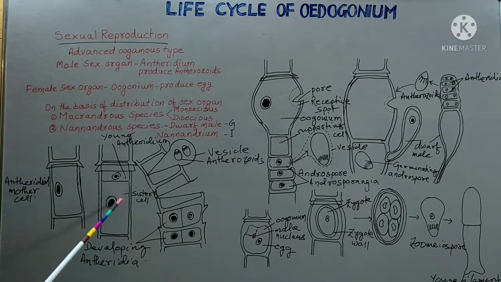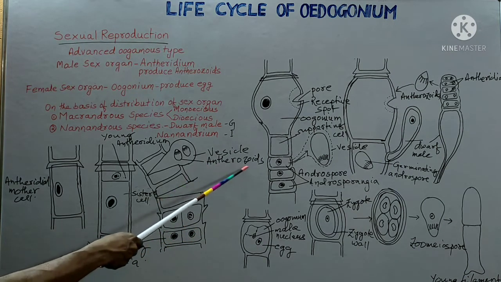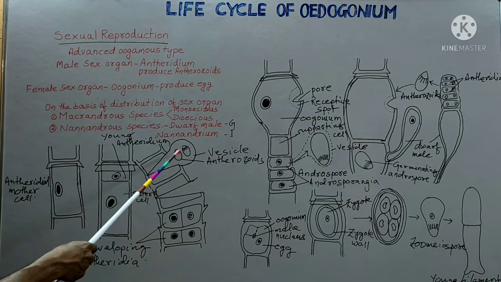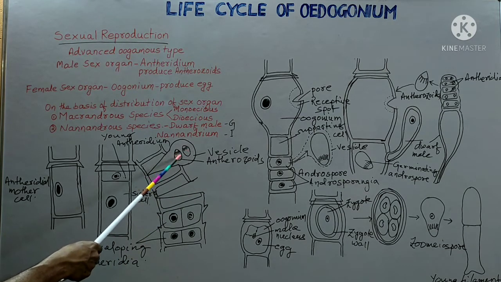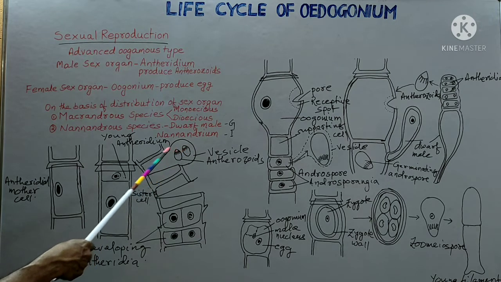and the nucleus inside each antheridium divides mitotically to form two daughter nuclei, and each of these daughter nuclei undergoes metamorphosis to form a male gamete known as antherozoid. The antherozoids are uninucleate and multiflagellate structures.